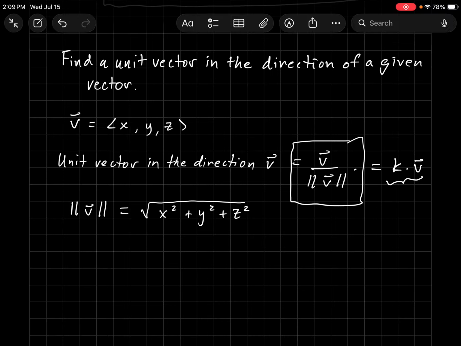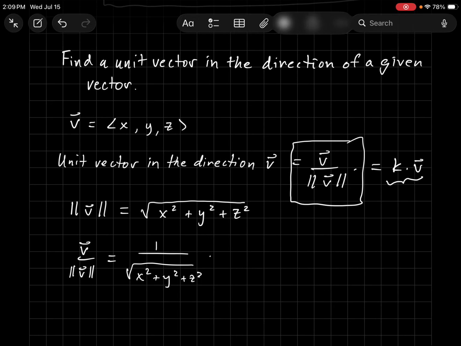Now, v over the magnitude of v is the vector 1 over the square root of x squared plus y squared plus z squared times the vector x, y, z.